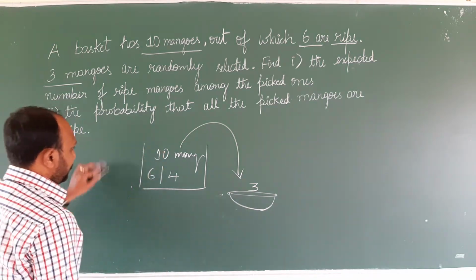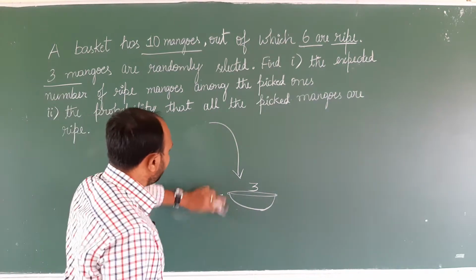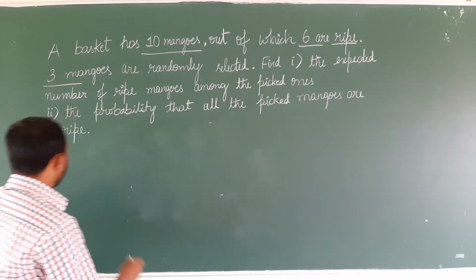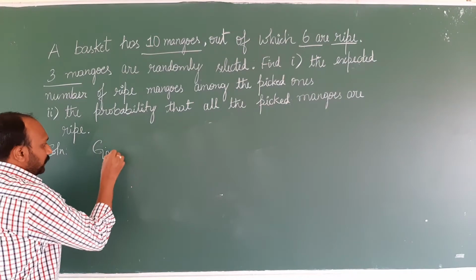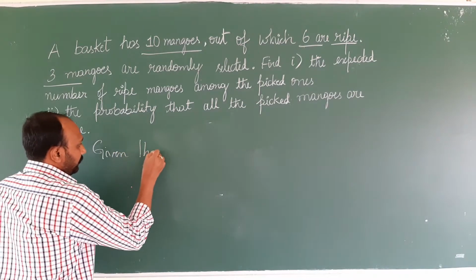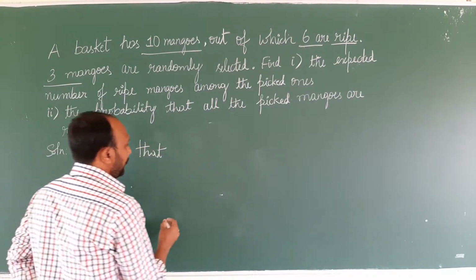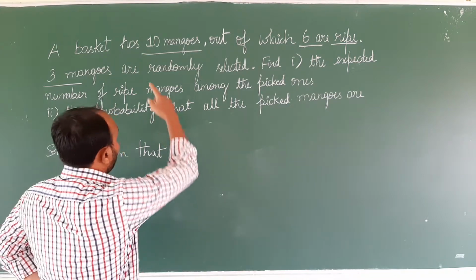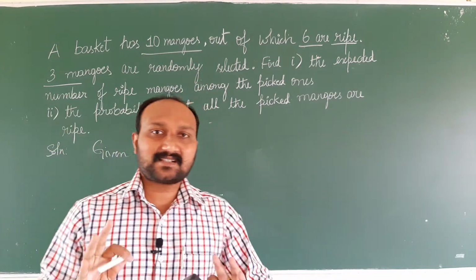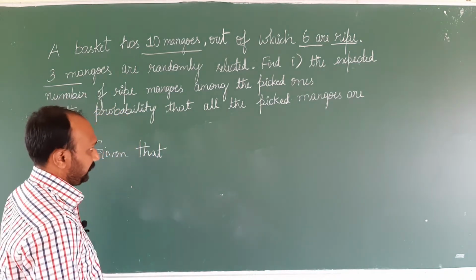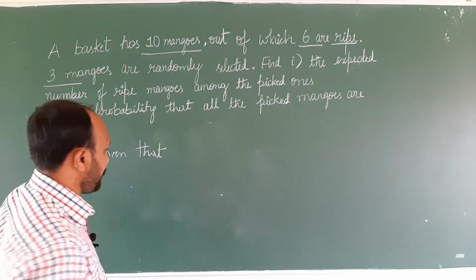So, let us write down the given data in the question. Solution. Given that, we know the population size is 10 mangoes. But we don't want that population size.